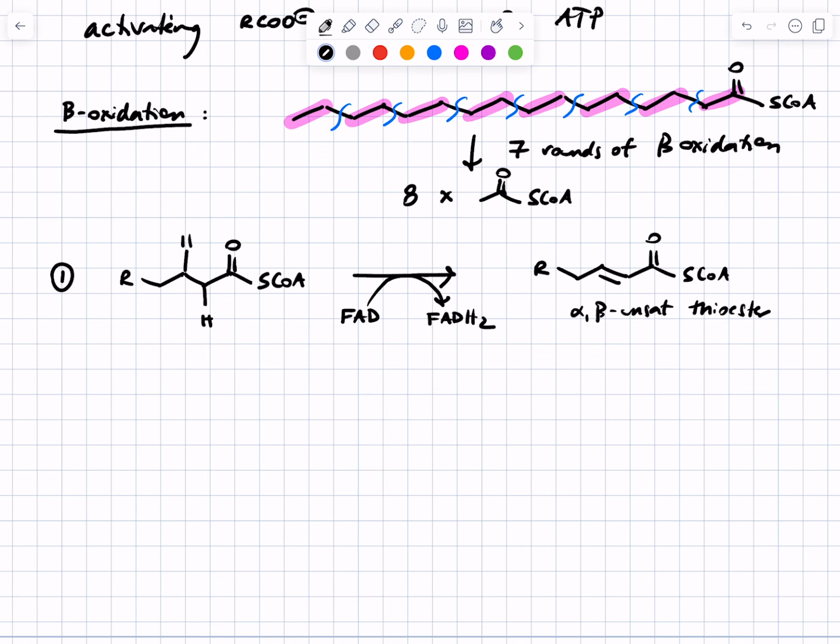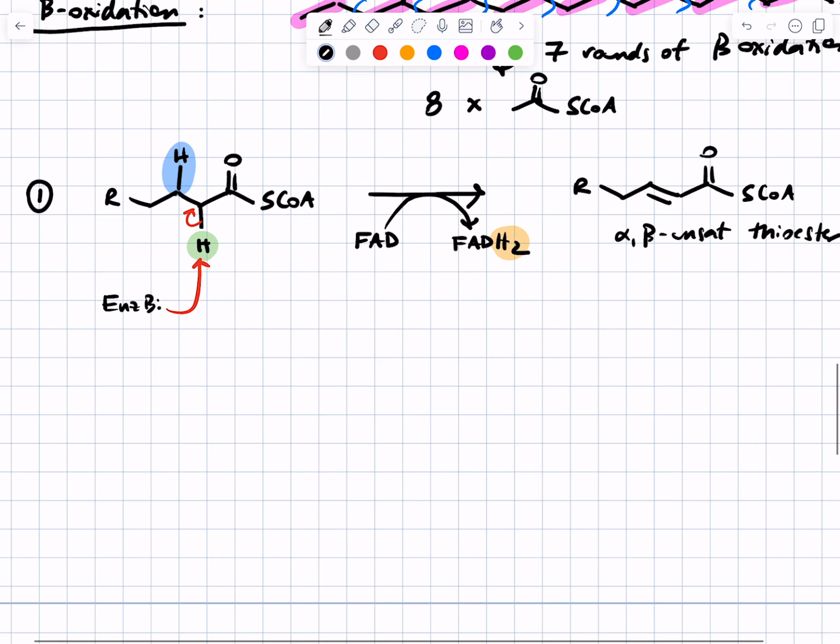And you will see that the H2 that gets transferred to the FAD molecule is really from this hydrogen and this hydride. So in the first step of the mechanism, the enzyme removes the proton from the alpha carbon of the thioester.